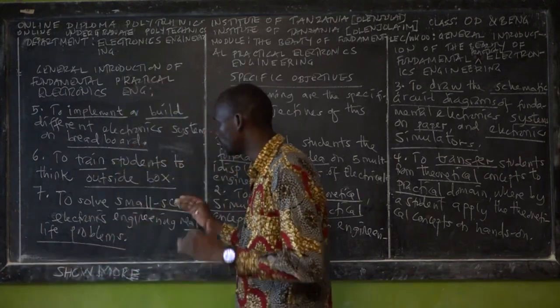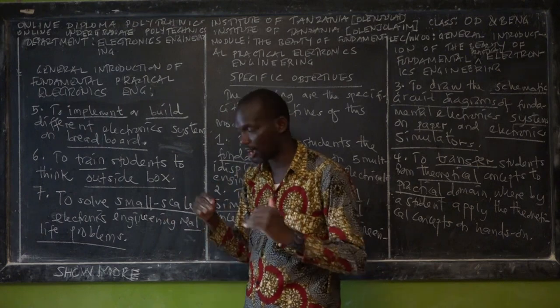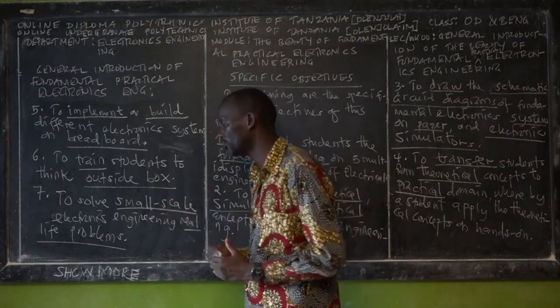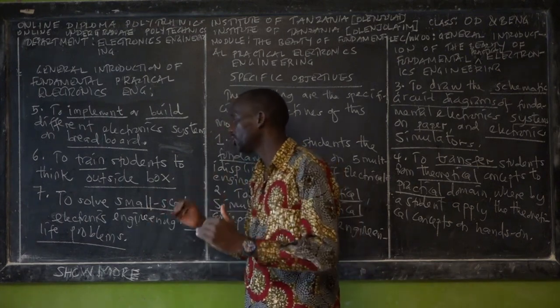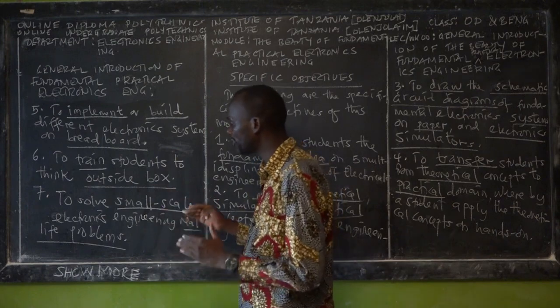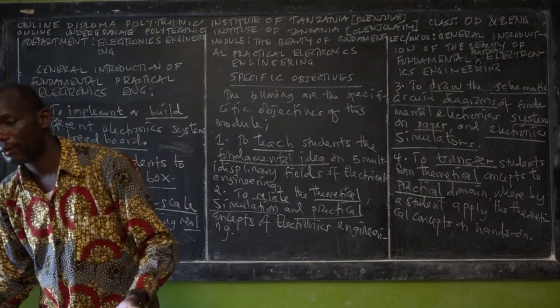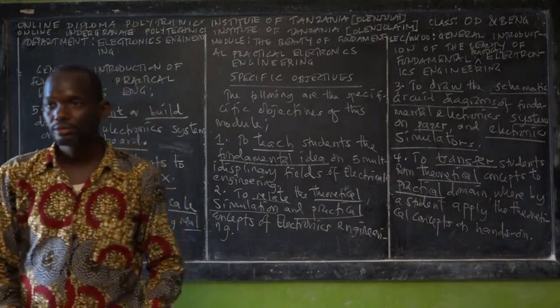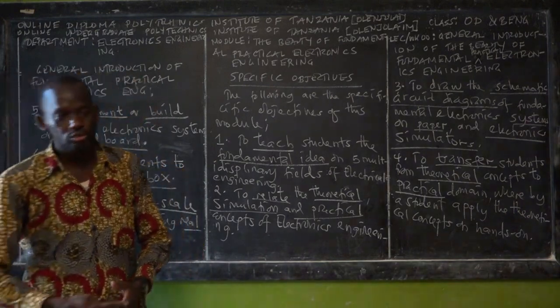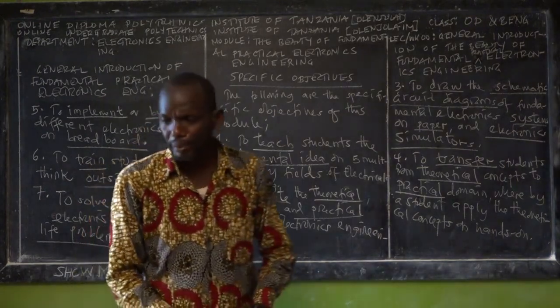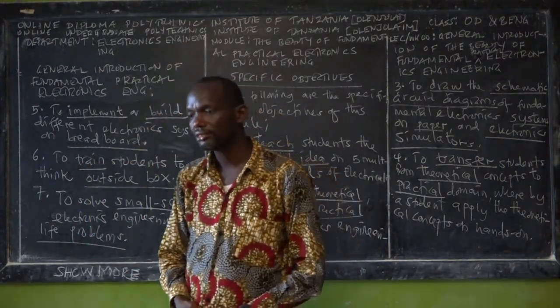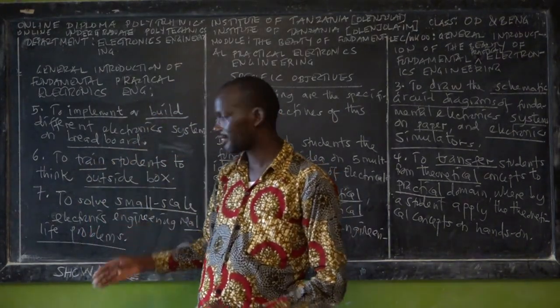So one of the problems I will teach you to solve is how to design a linear power supply that can provide power to your system, device, or equipment that you may want to design. That's one example.